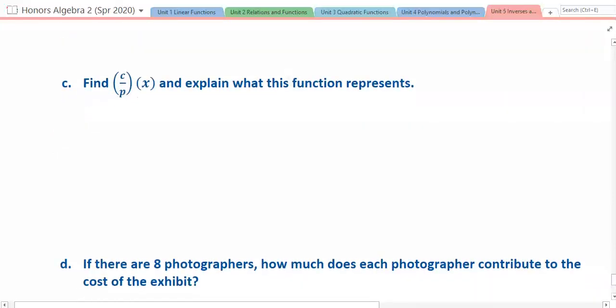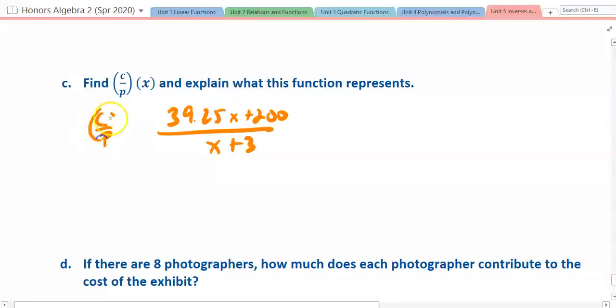Okay, and so our C function was the 39.25 x plus the 200 divided by the x plus 3, right? Because again, that's how we're going to divide this out. And this is our C of P of x function.